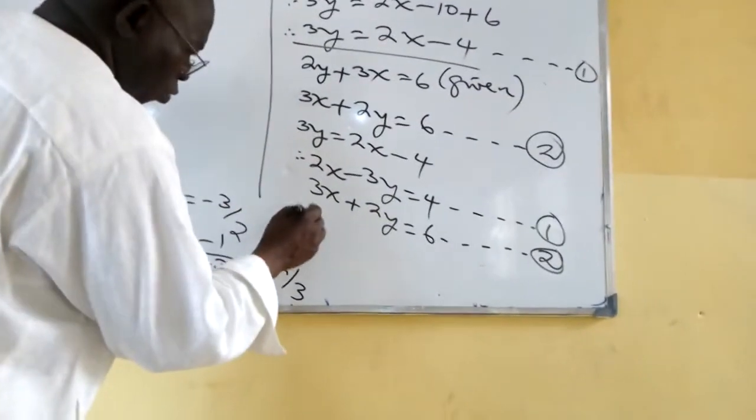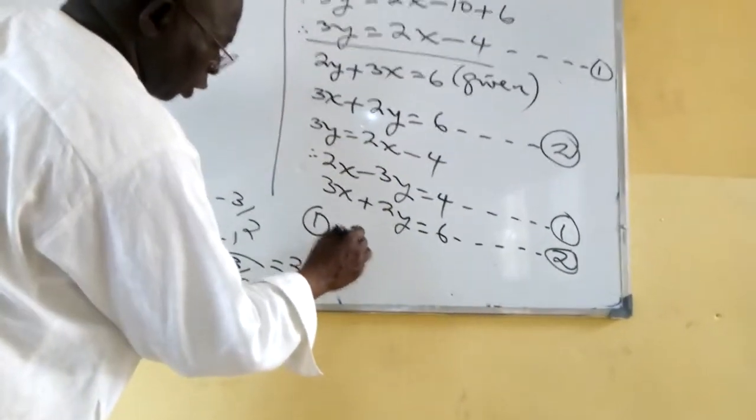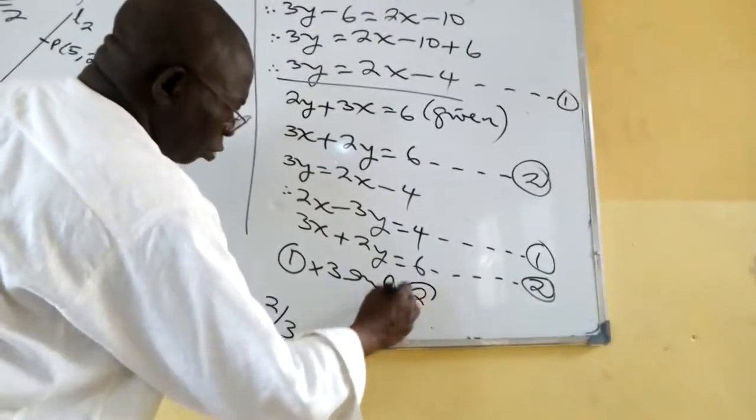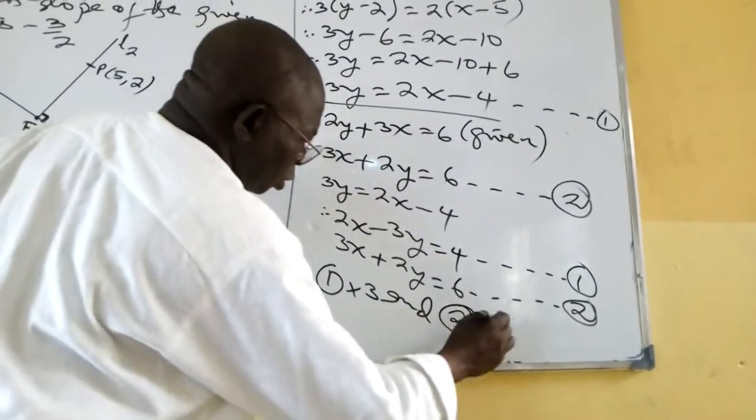Multiply equation 1 by 3 and equation 2 by 2.